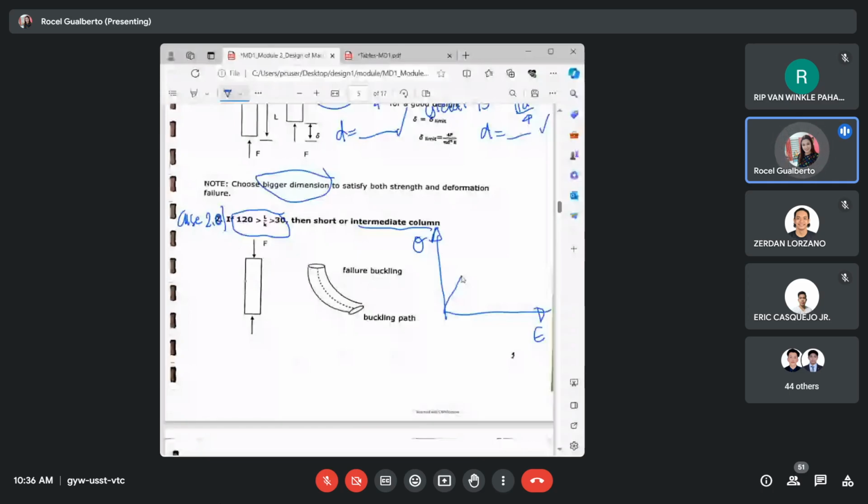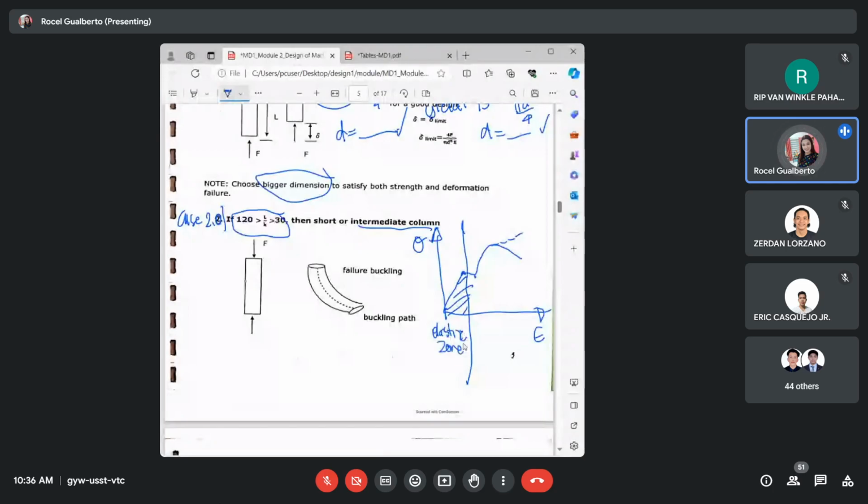So, ang tawag po dito, ito pong area na to, this area po, the shaded area, yung po nasa leftmost, this is your elastic zone. So, ang tawag po din is elastic zone. Ito naman kung nasa kabila, you call this the plastic zone.